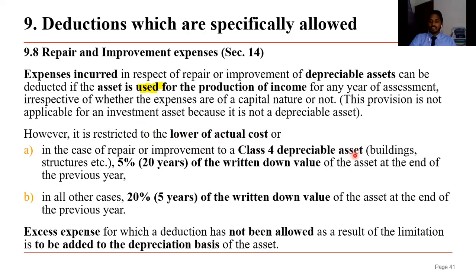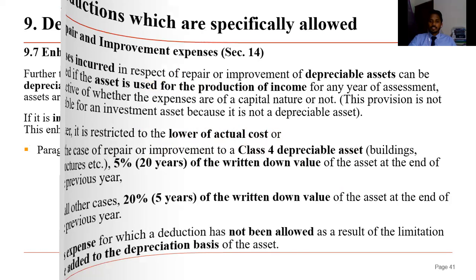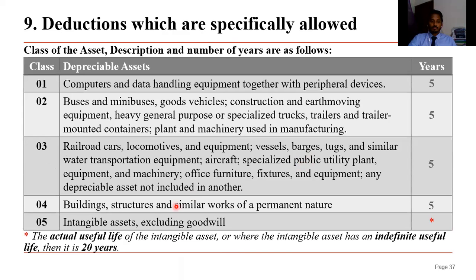Class 4 depreciable assets are buildings, structures or similar works of a permanent nature, for which five years of capital allowance have been allocated. If the act refers to any class of depreciable asset, then you need to refer to this in order to determine the class.